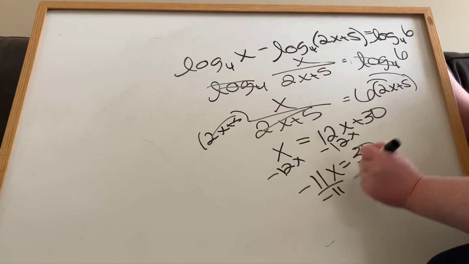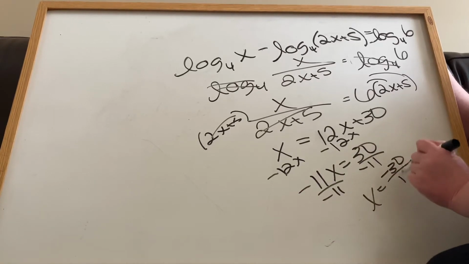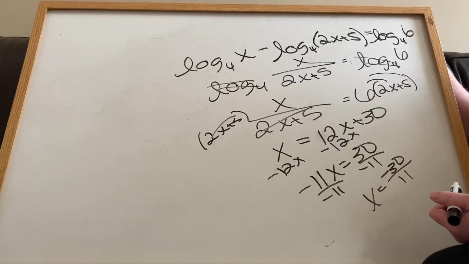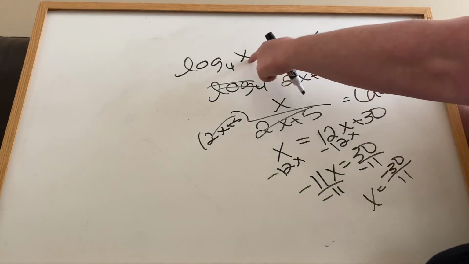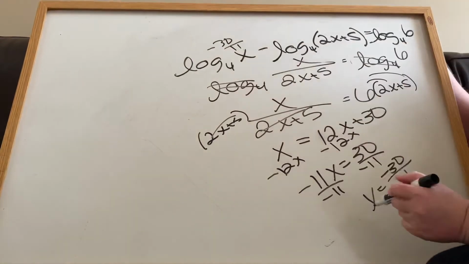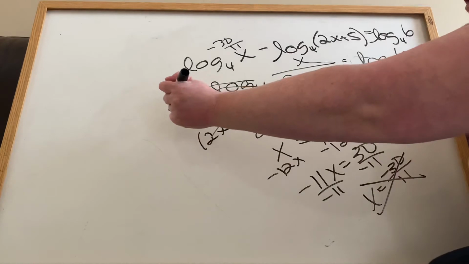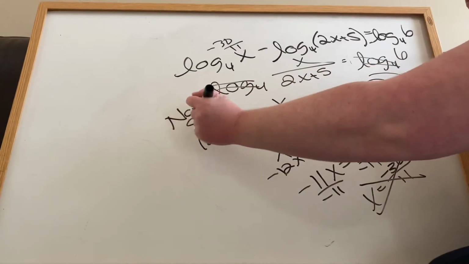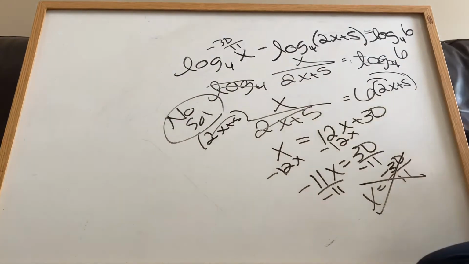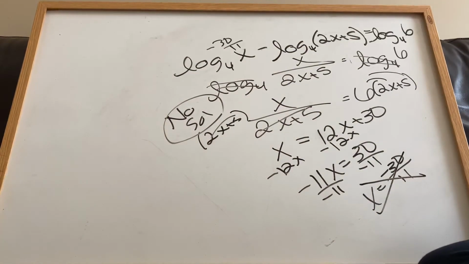Divide by negative 11. Okay, x is negative 30 over 11 because it doesn't reduce, which is fine. Then you got to check it. So since this is just x, if I plug in negative 30 over 11, clearly I get a negative number, so then this has failed me, and you get no solution. Again, if this had worked, you would still want to make sure you check the other ones, okay?